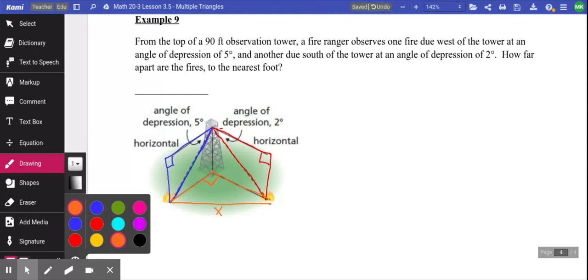The only way I'm going to do that is if I get more information about this triangle on the ground. I could figure out the distance from the tower to the fire. If I look at my blue triangle in the air, that's the same distance as this right here.